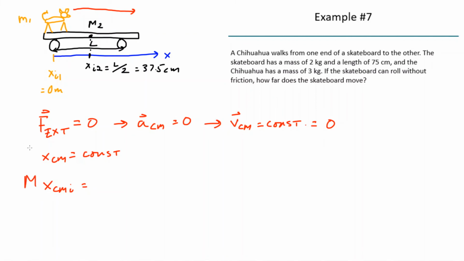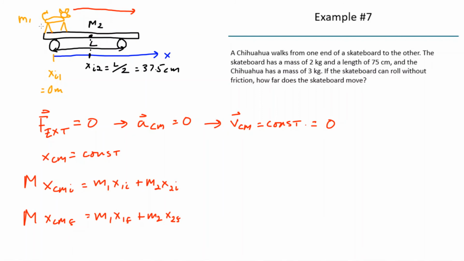The total mass of the system times the position of the center of mass initial is going to be m1 x1 initial plus m2 x2 initial. We know what those initial positions are. We know that m times x center of mass final is going to equal m1 x1 final plus m2 x2 final.